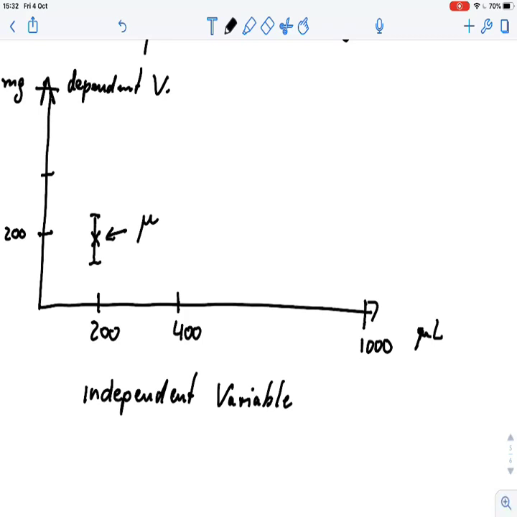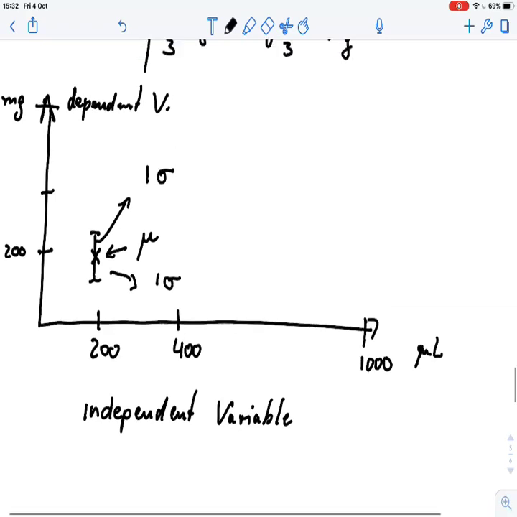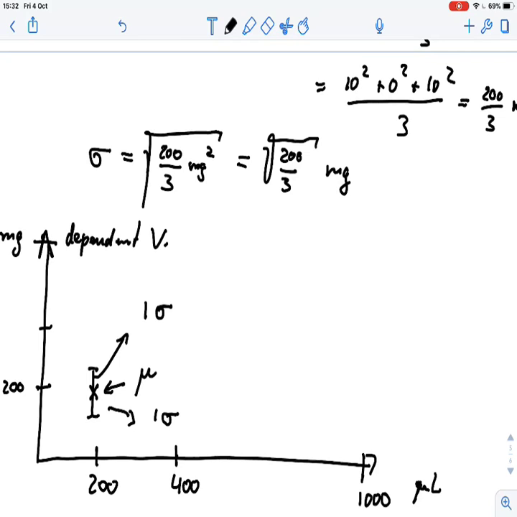And this error bar is symmetric around the mean, and it usually goes 1 standard deviation above and 1 standard deviation below. So if your standard deviation is 200 divided by 3, that is 66.7.